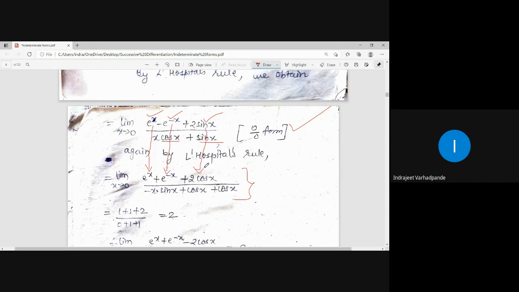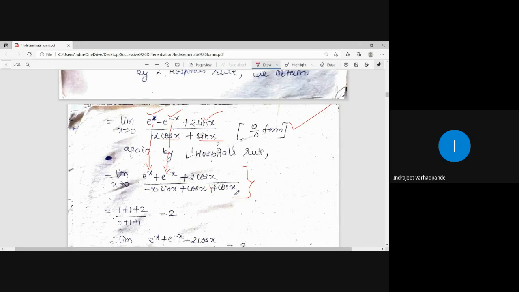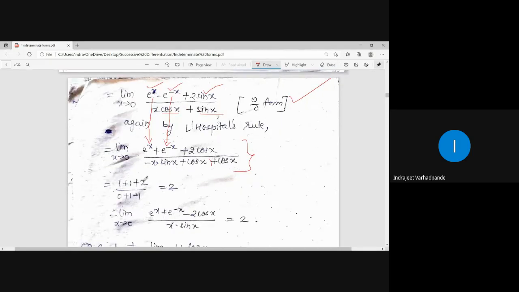This is 2 cos x. For x into cos x, we apply the product rule: x into minus sin x plus cos x into 1, and derivative of sin x is cos x. If I put the value, you will get a non-zero answer. So 1 plus 1 plus 2 upon 2, 4 by 2 is 2.